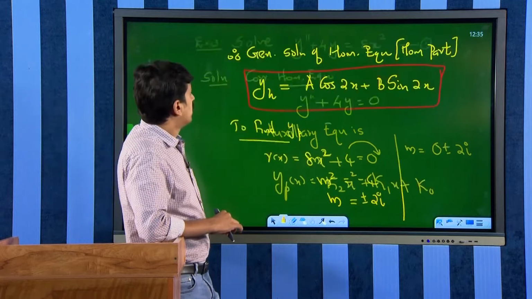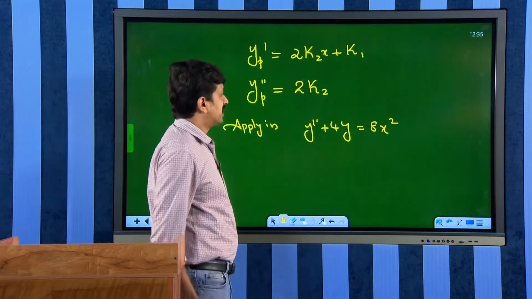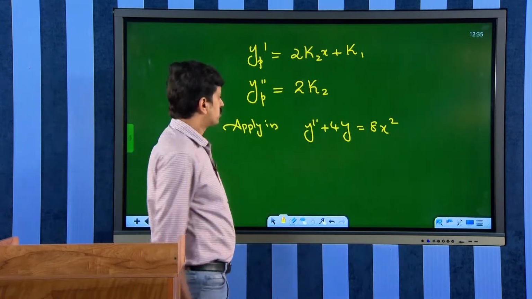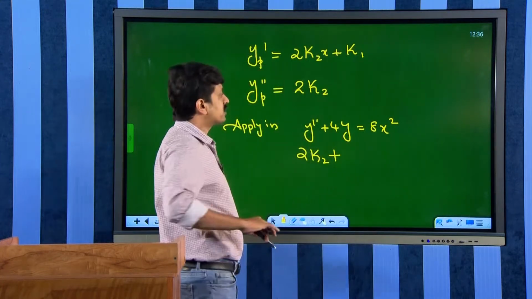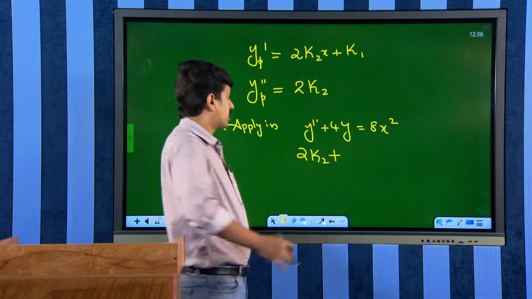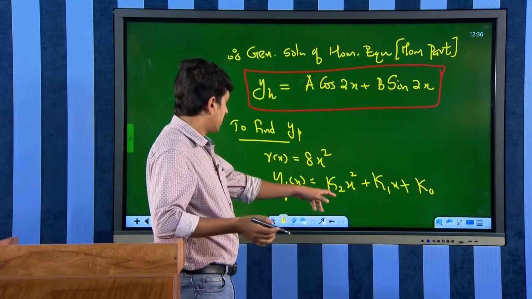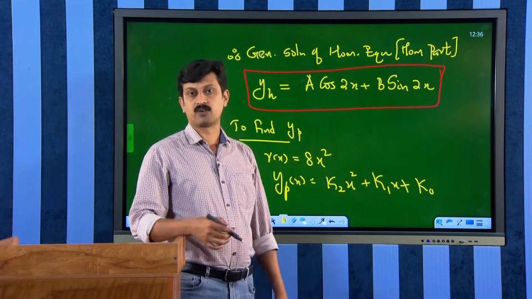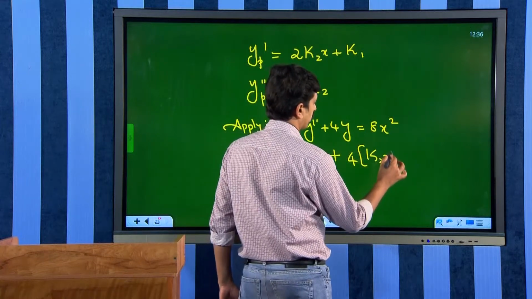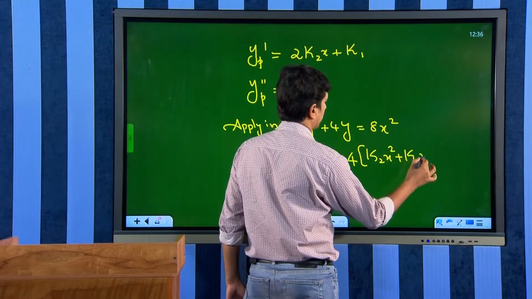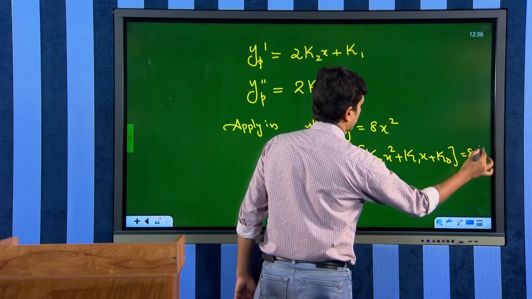See, dear students, we just apply here: yp double dash is equal to 2k2, plus the next term 4y, that is 4 into yp. The yp is k2x square plus k1x plus k naught. So we apply k2x square plus k1x plus k naught, and the right side is 8x square.